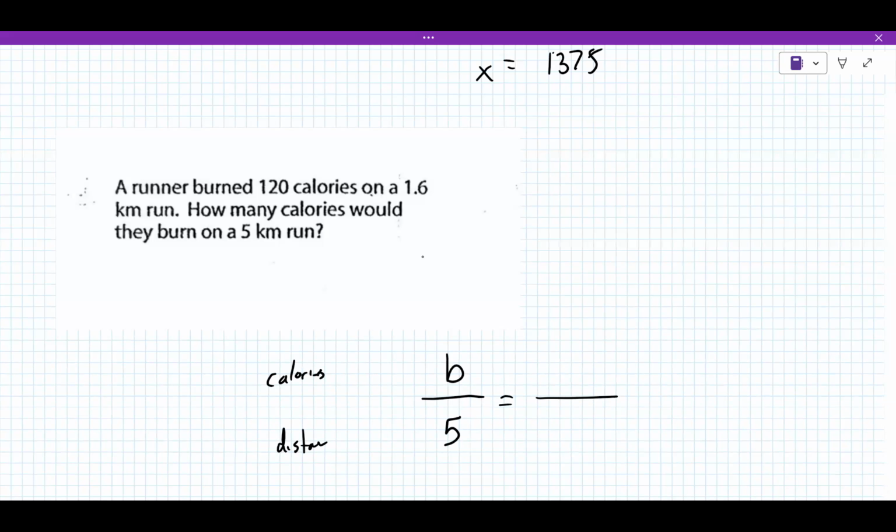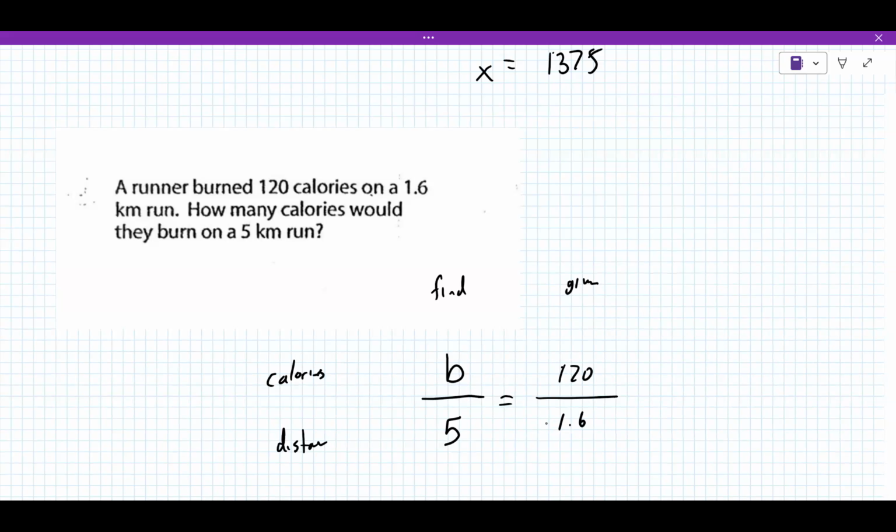And then that's the one you're trying to find, but there's also the given information. What's the given calories and the given distance? Okay. So given calories is the 120 and the given distance is the 1.6 and the 5, I guess. Yes, okay.